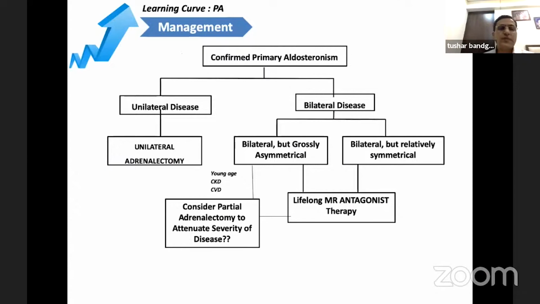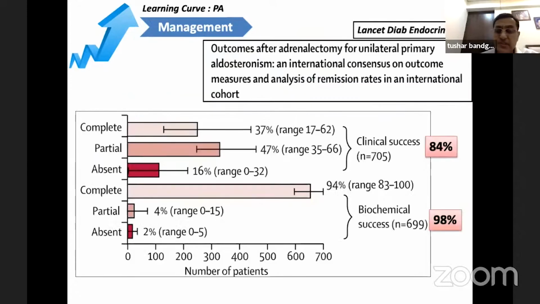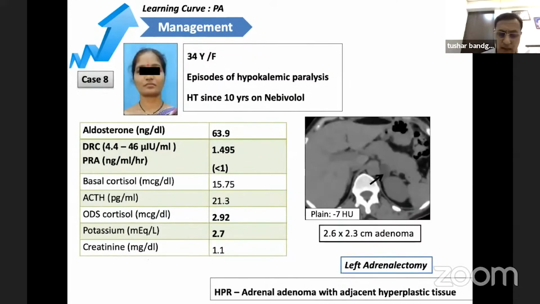When you talk of management, if you have a unilateral disease, it has to go for unilateral adrenalectomy because the treatment is gratifying, with clinical success in 84% of patients and biochemical success in 98% of patients. If you have a lesion localized to one side, that's the best candidate for going for surgery.